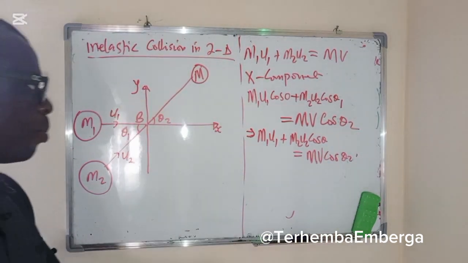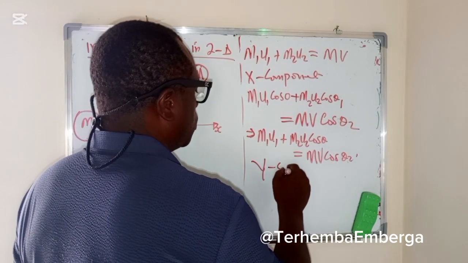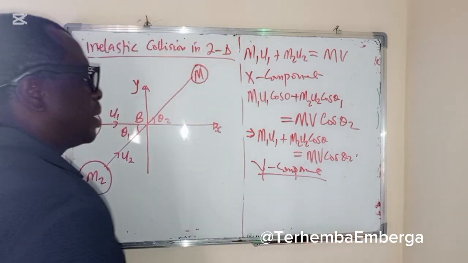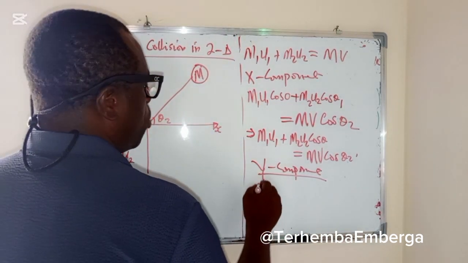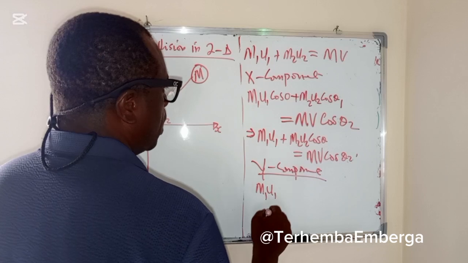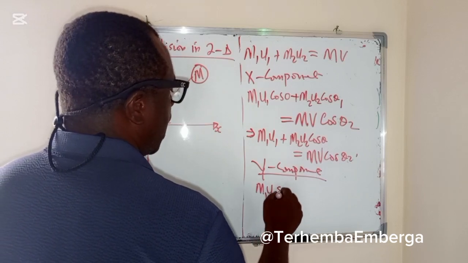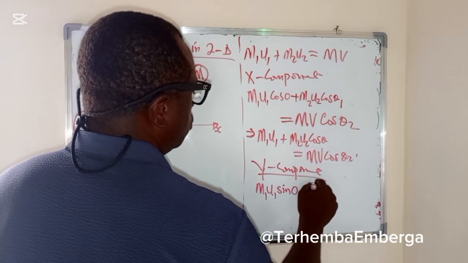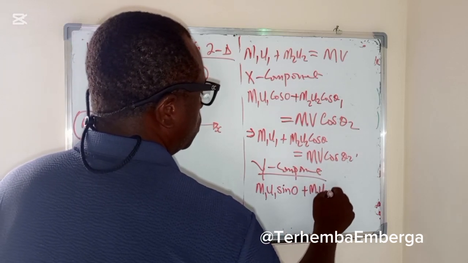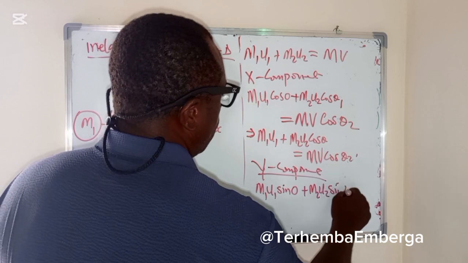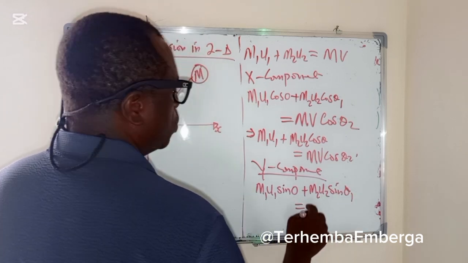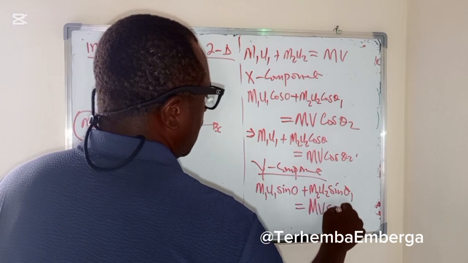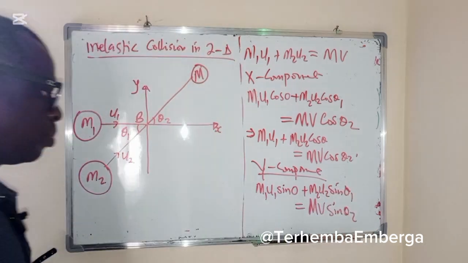Then for the y component, we can write this as m1 u1 sine 0 plus m2 u2 sine θ1 equal to mv sine θ2.